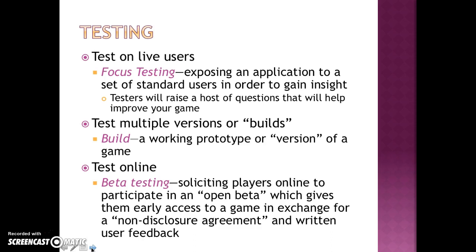Beta testing, in which you solicit players online to participate in an open beta, which they get early access to the game, and usually upon finishing the beta, they give you written feedback so you can include it in your actual final product. So 3 different types of testing.